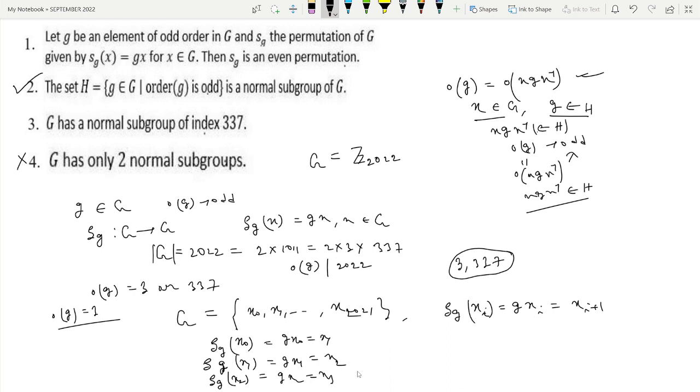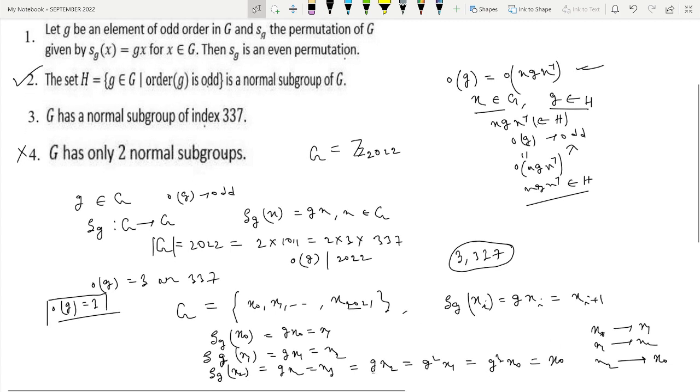Also this X3 is our gx2 that we have just written, and x2 is also our gx1, so this is g square x1, and x1 is also our gx0, so this is g cube x0. The order of G equal to 3 we have supposed in this case, so it is e, so it is x0. So what we are getting: x0 goes to x1, x1 goes to x2, x2 goes to x0.